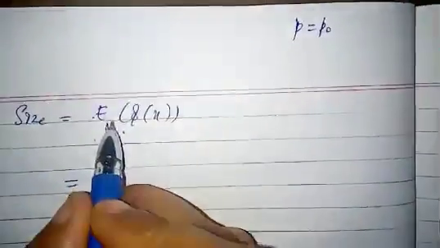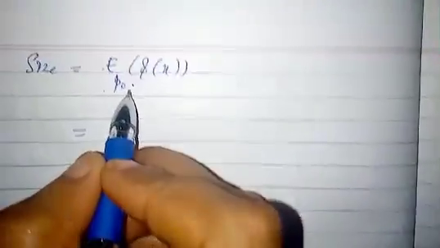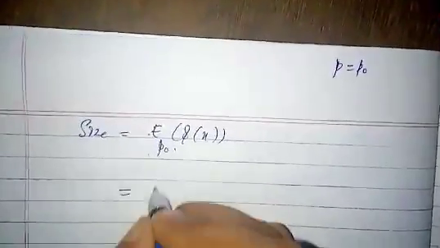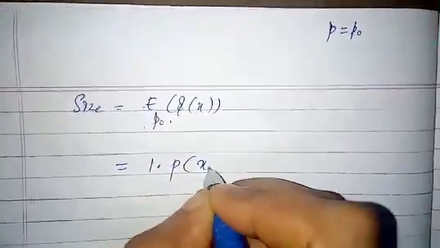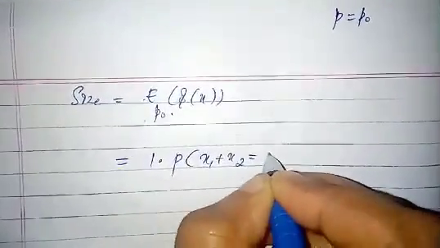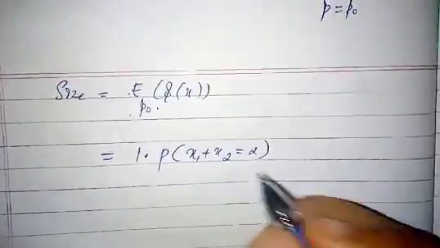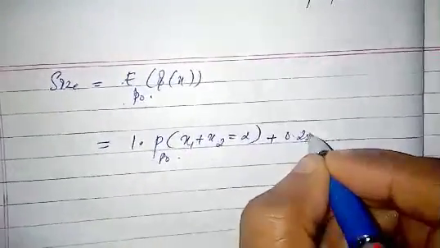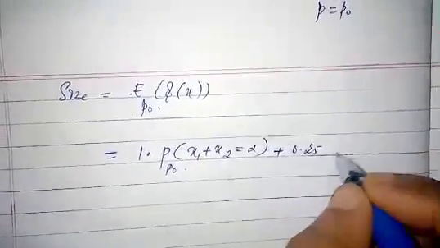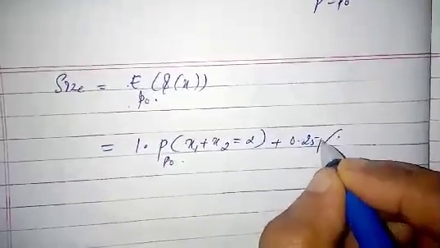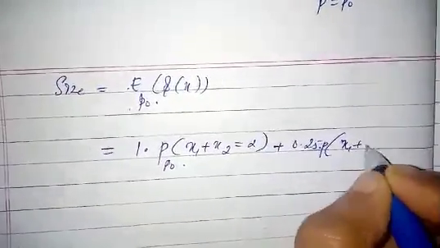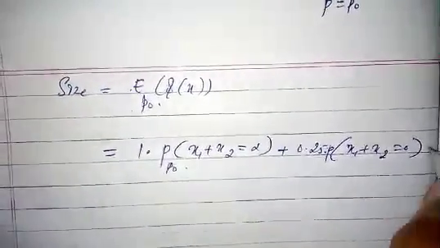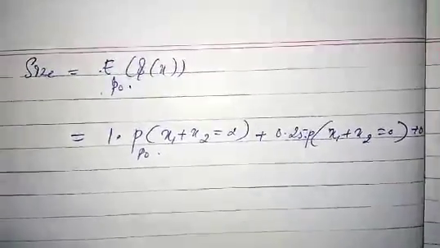So we can write the expectation of phi of x under p naught as 1 times the probability of x1 plus x2 equal to 2 under p naught, plus 0.25 times the probability of x1 plus x2 equal to 0, plus 0.